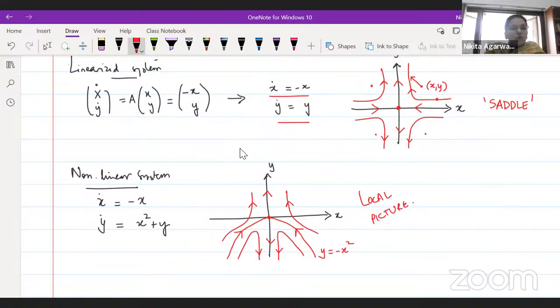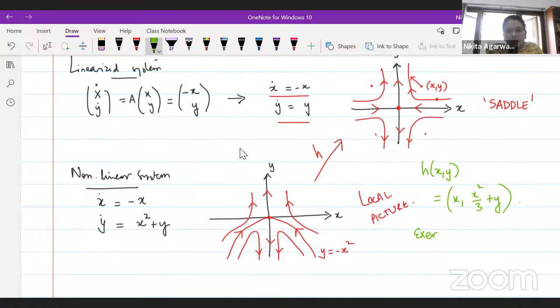Okay. So what this theorem tells you is that locally, you can go from this picture to this picture via some h. So let me give you what that h is, which takes you from this picture to this picture. This h looks like this. H of x comma y is equal to x comma x squared by 3 plus y.